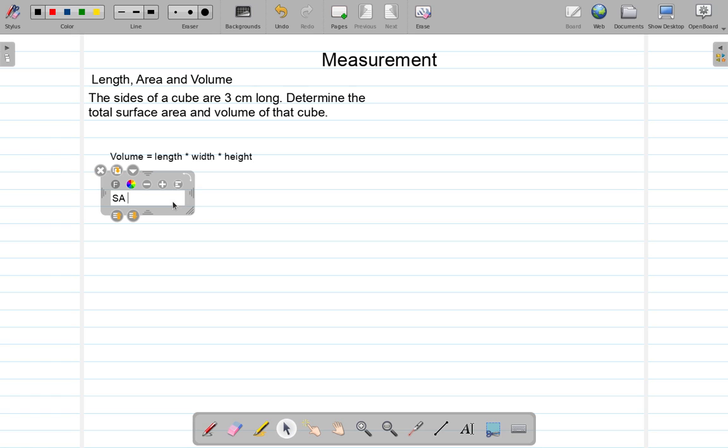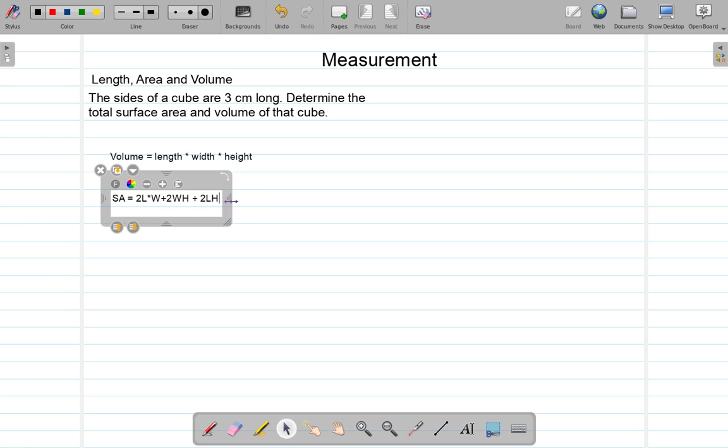The total surface area of the cube would be the length times the width, and 2 of that length times width, plus 2 times the width times the height, plus 2 times the length times the height.